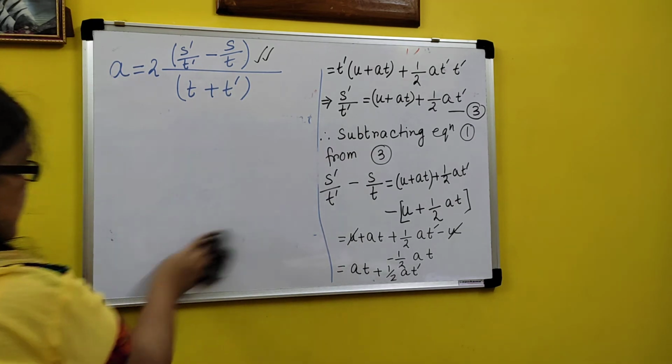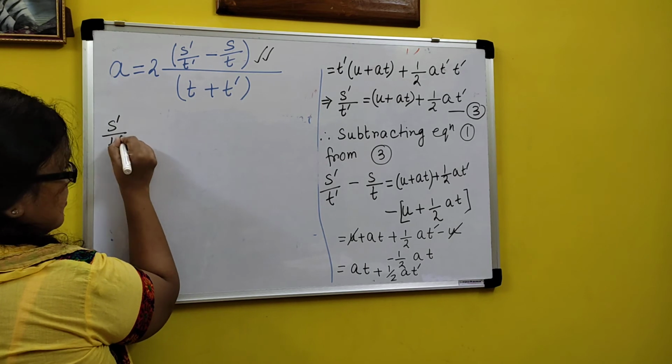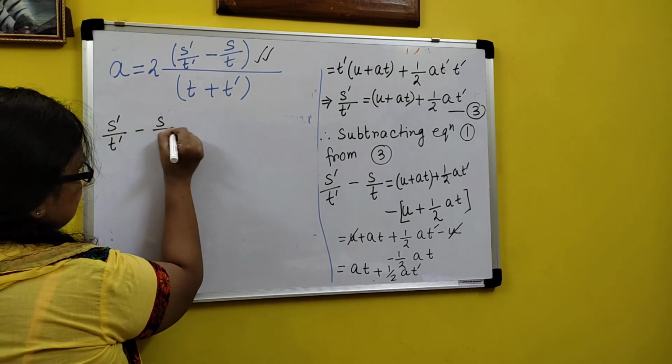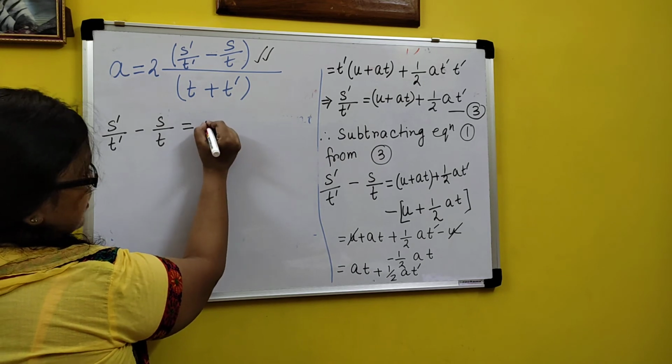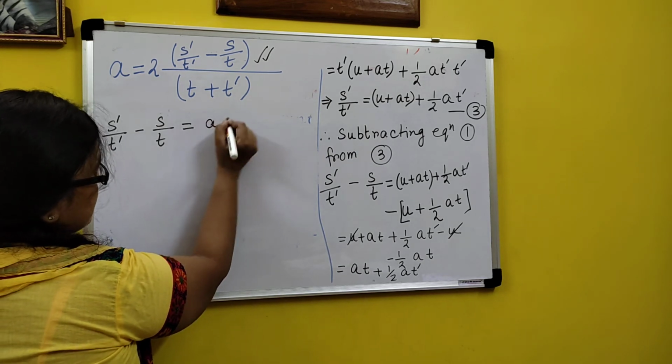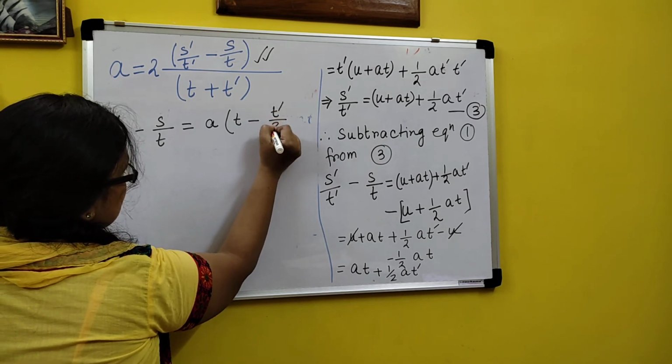So we are having s prime by t prime minus s by t will be, taking a common, t minus t prime by 2.